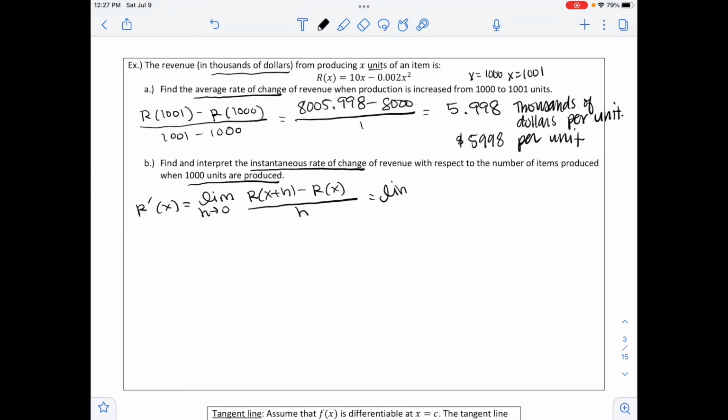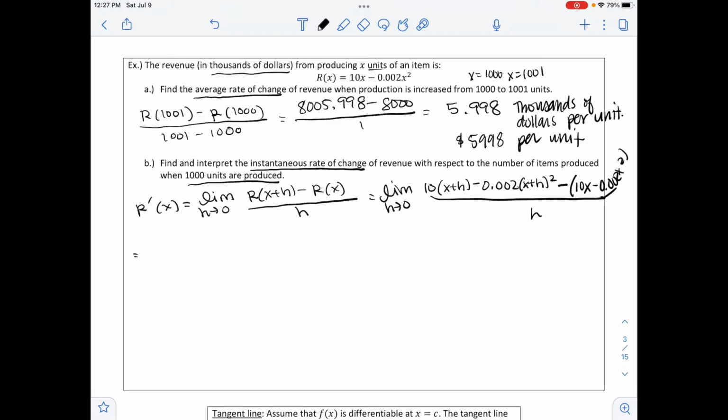And so we have the limit as h approaches 0 of r of x plus h, which is 10 times x plus h minus 0.002 times x plus h squared, minus r of x, which is going to be 10x minus 0.002x squared, all over h.